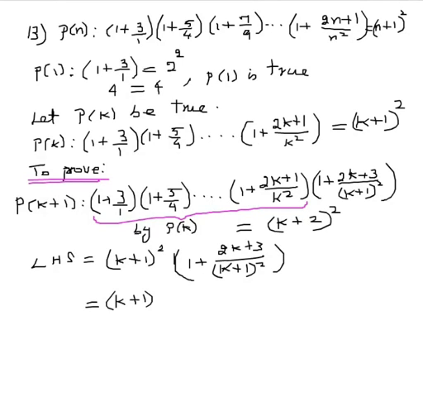Simplification is so simple in this case. Let's take k plus 1 the whole square as LCM. We get k plus 1 the whole square. I am expanding and writing k square 2k plus 1. And here the numerator is 2k plus 3. So plus 2k plus 3 it becomes.